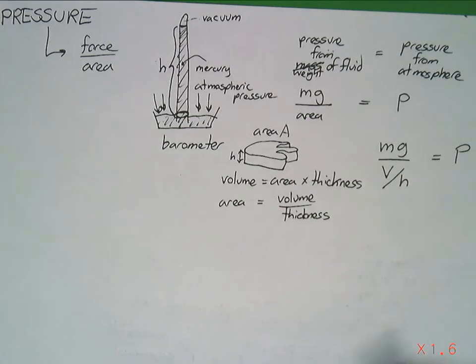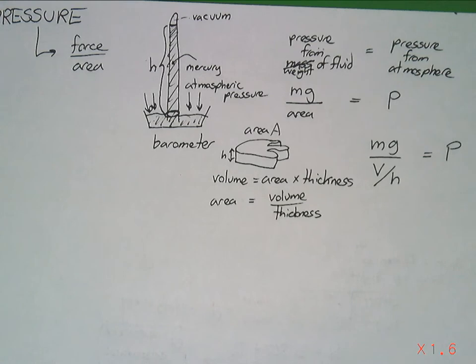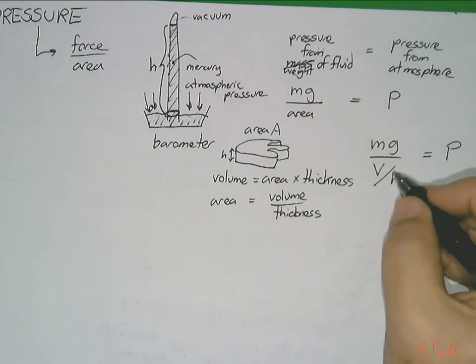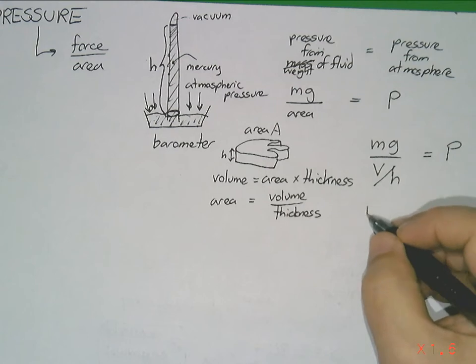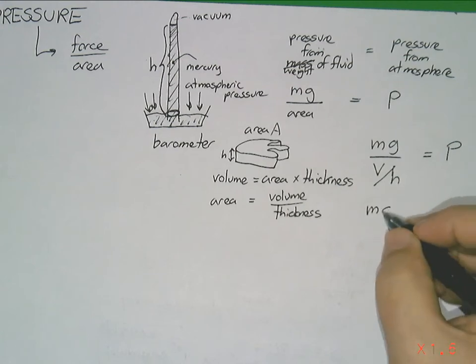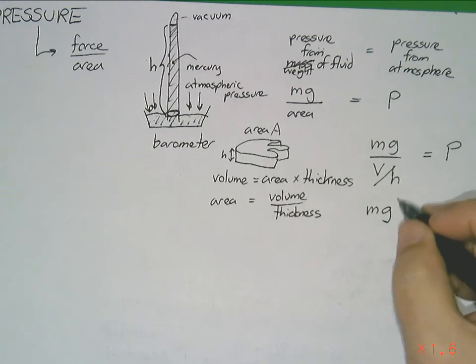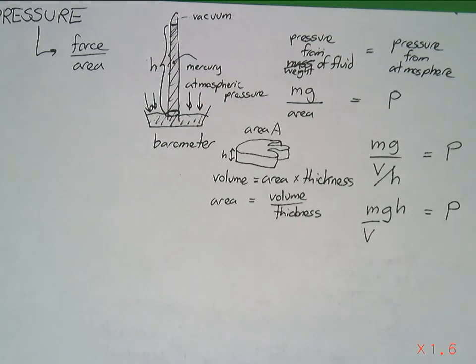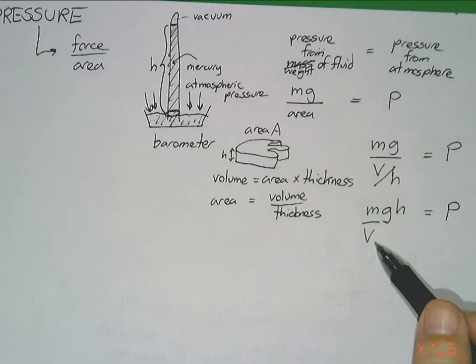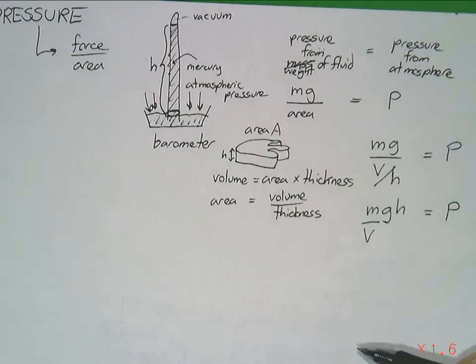So here's my equation at this point. That's still kind of a mess. Let's get the h out of the denominator by multiplying the top and the bottom of this fraction by h, the height of the fluid column. I still have to know the volume of the fluid, and I have to know the mass of the fluid.